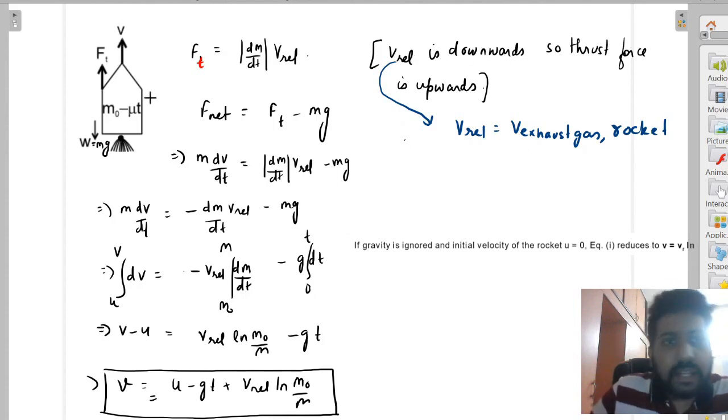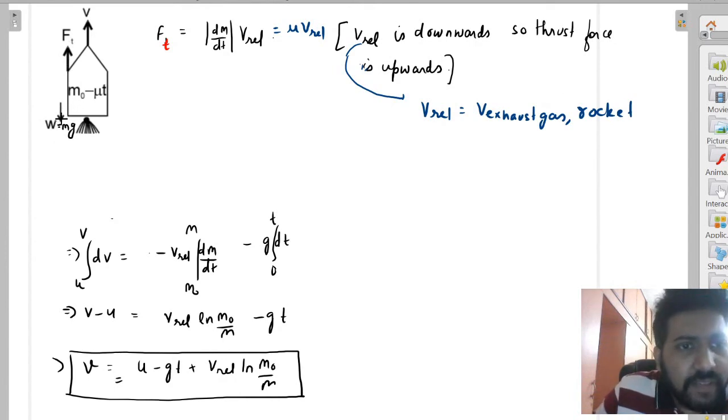is downwards. Now since mass is getting ejected, I have already told you, when mass gets ejected, the thrust force is opposite to the relative velocity. So if the relative velocity is downwards, the thrust force will be upwards, and the gravity force is downwards. So the thrust force is dm by dt magnitude times v relative, that is mu v relative, right?